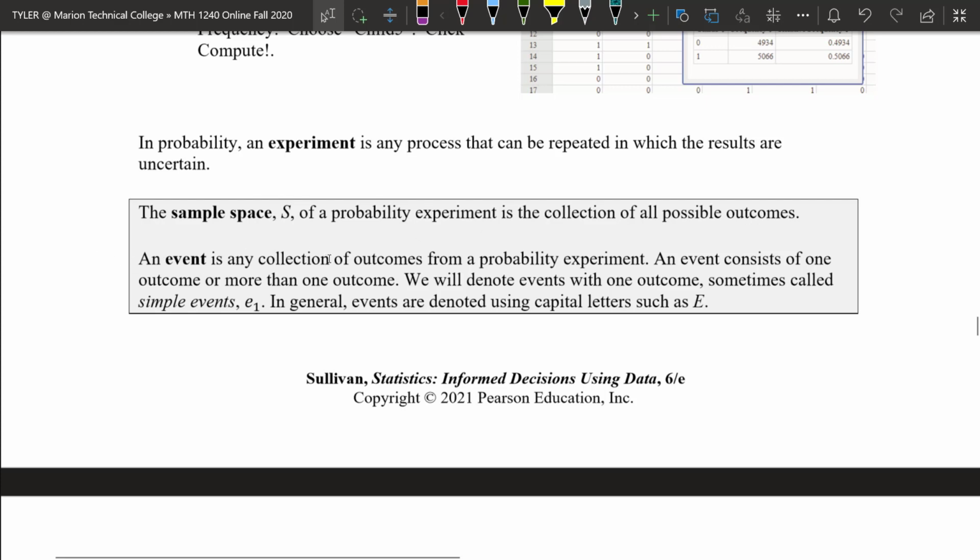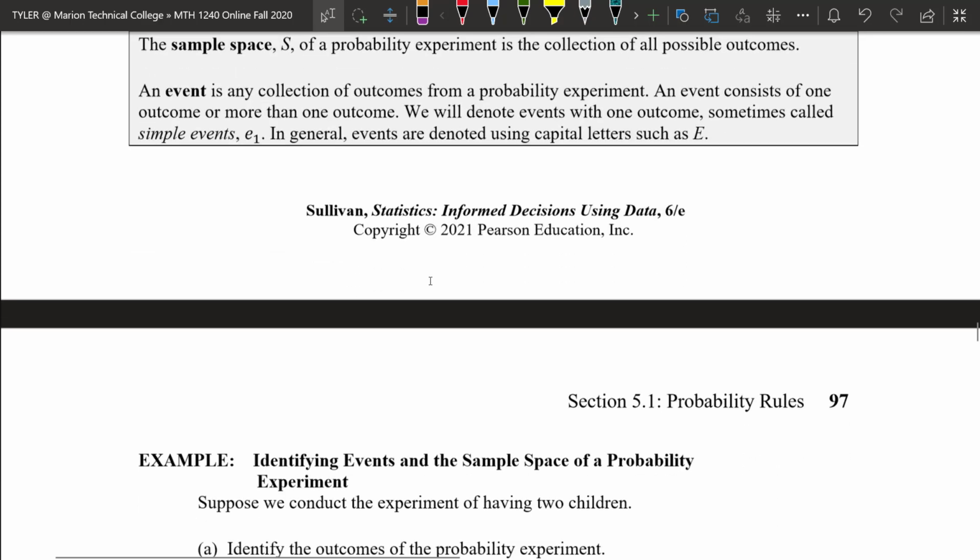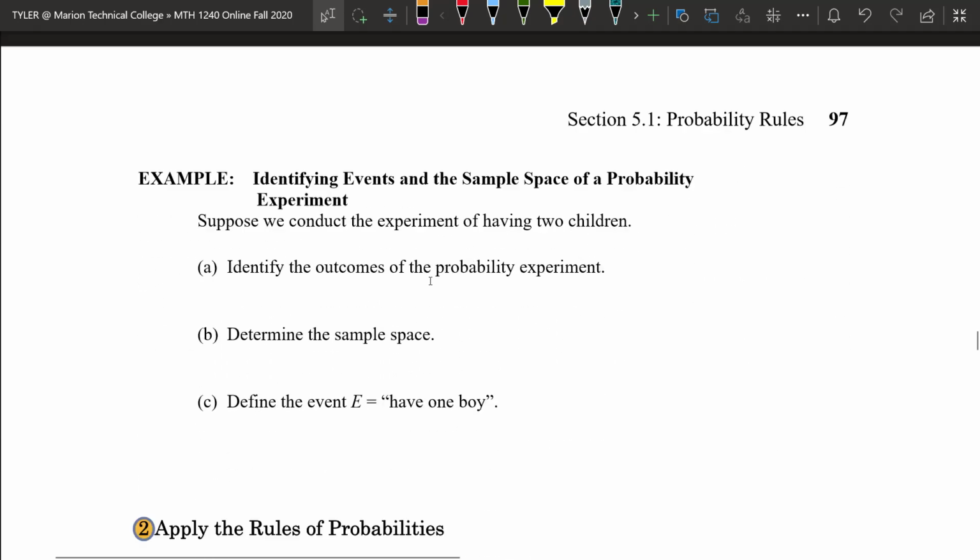An event is any collection of outcomes from a probability experiment. An event consists of one outcome or more than one outcome. We will denote events with one outcome, sometimes called simple events, like E1, E2, E3, and so forth. In general, events are denoted using capital letters such as E, right? So we might use E, F, and so forth to represent the events.